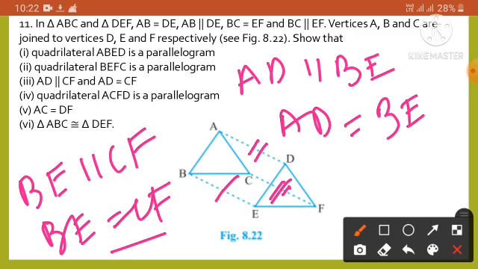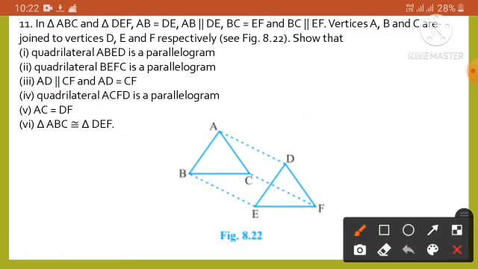Okay, so we got the third part. Now the fourth. Since AD is parallel to CF and AD equal to CF, in quadrilateral ACFD one pair of opposite sides, that is AD and CF, are parallel and of equal length.